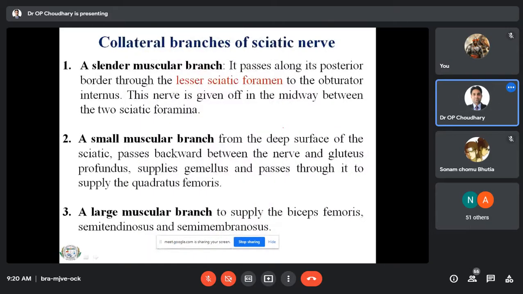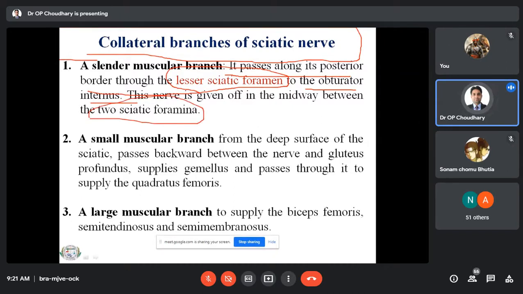Then it also gives some collateral branches, also called the collateral branches of the sciatic nerve. The first collateral branch is the cylinder muscular branch, and this passes along the posterior border through the lesser sciatic foramina to the obturator internus muscle, and this nerve is given off midway between the two sciatic foramina, that is the greater sciatic foramina and the lesser sciatic foramina.